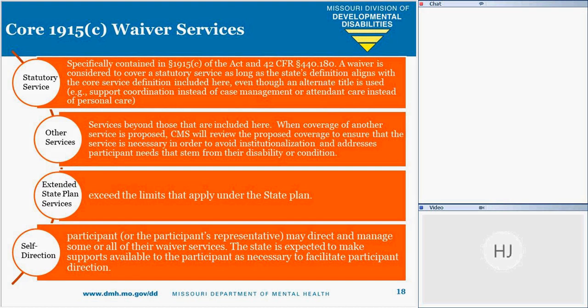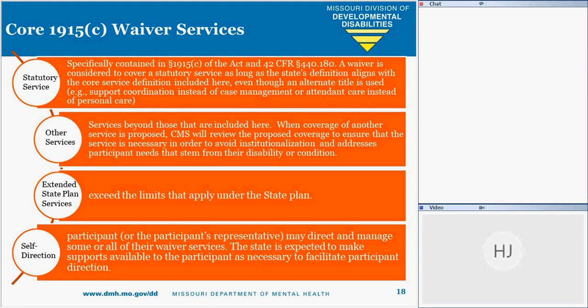Extended services, remember we talked about state plan services, that's covered under Medicaid. Sometimes there are limits on state plan services. We can add to our waiver to cover any needs beyond the limitations under the state plan.